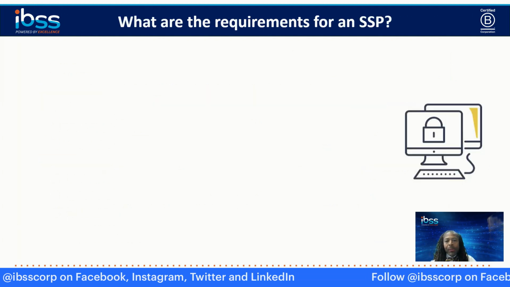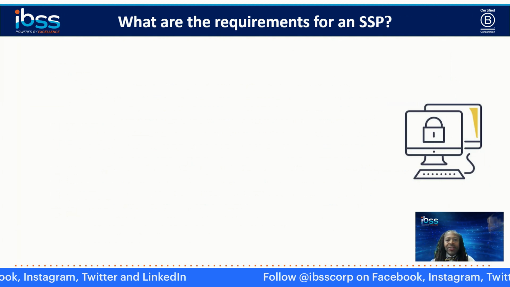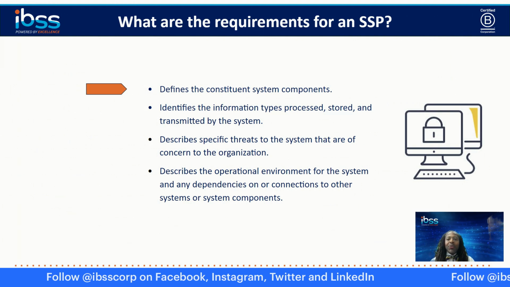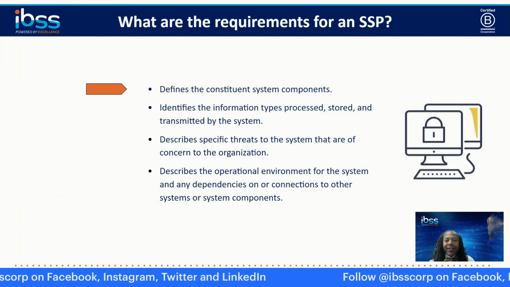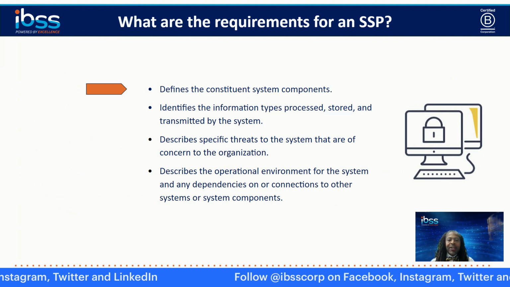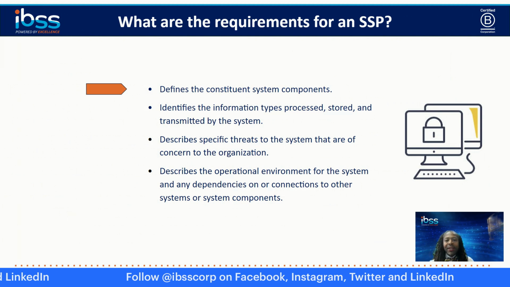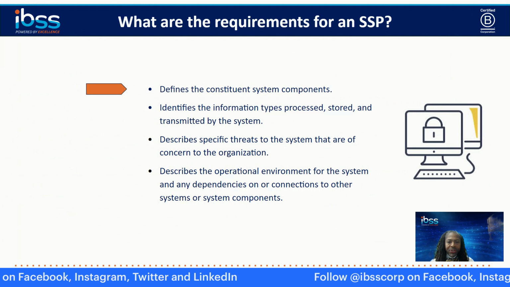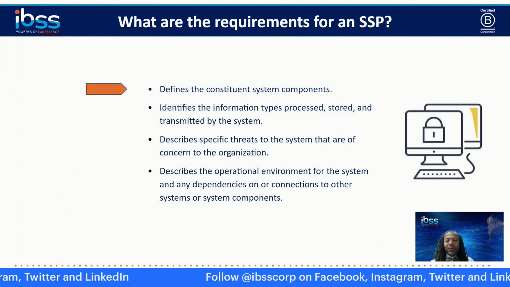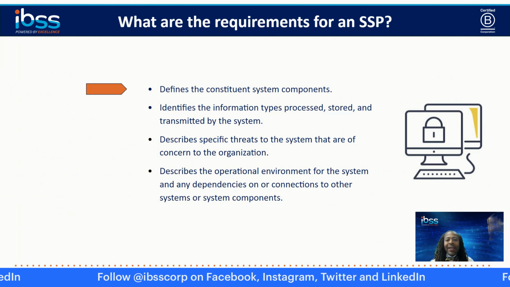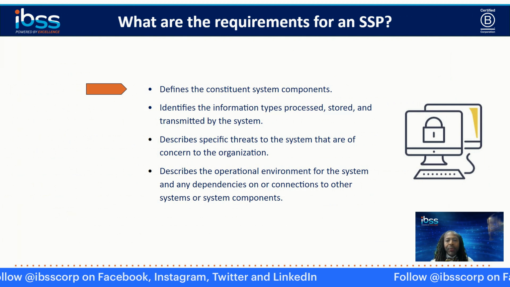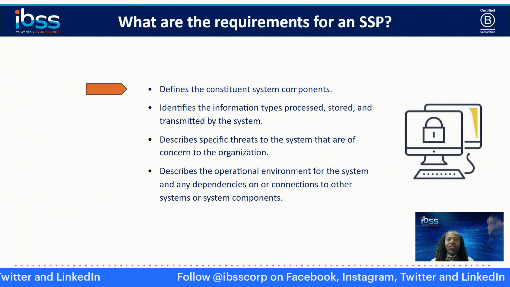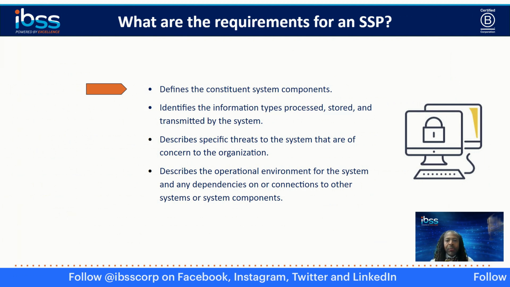So what are the requirements for an SSP? And we're going to go into a lot of details here. So first, you want to be sure to define the system components. As I alluded to on the previous slide, that's going to be, say, your servers, your workstations, your routers, your switches, any components within your environment that are involved in the processing, storage, or transmission of your sensitive information.